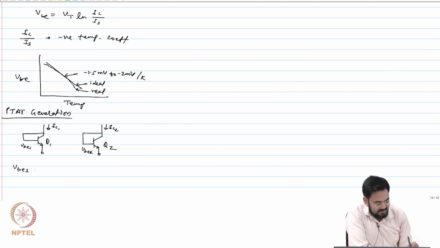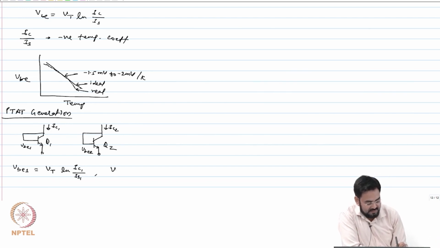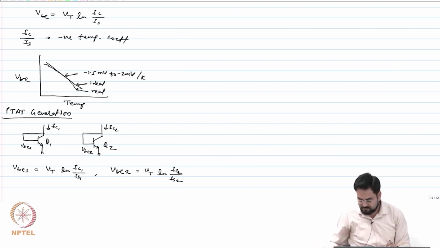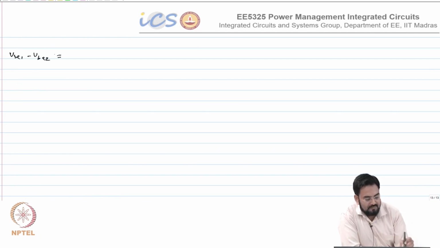So, what is VB1? Expression for VB1? VT ln IC1 by IS1 and VB2, what will be that?